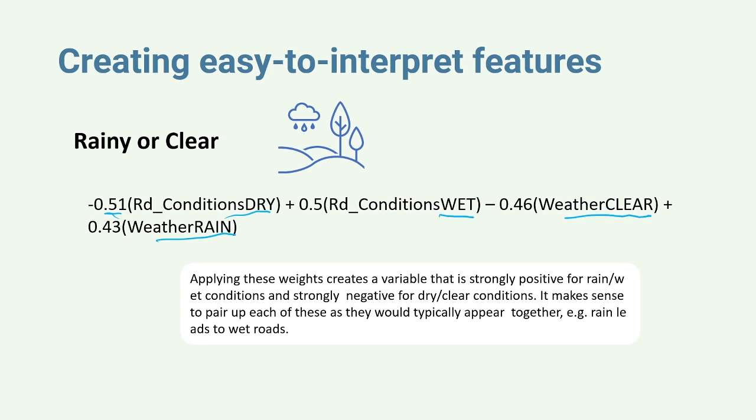So in your report, you can say something like, applying these weights creates a variable that is strongly positive for rain and wet conditions. Now you can see that it's positive because these 2 loadings are positive, and it's also negative for clear or dry conditions. It makes sense to pair each of these as they would typically appear together. For example, rain on the roads, rain on wet roads.